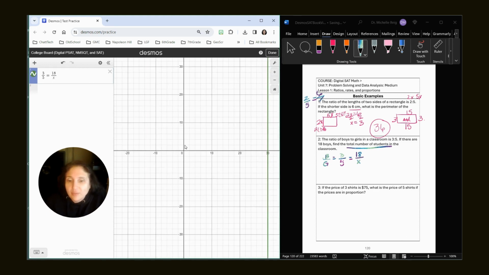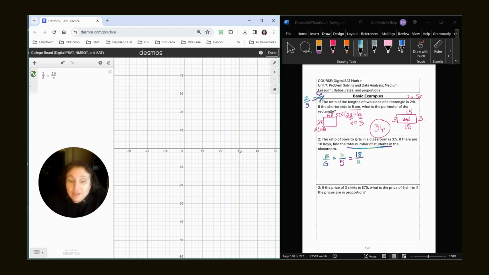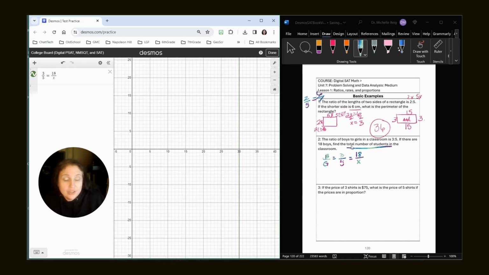So we set the proportion to find out that there's 30 girls. This is a huge amount of students in the classroom. Now we know that there's the 18 boys plus the 30 girls, which gives us 48 students altogether. Hopefully it's like band, because I would hate to teach 48 students in person. That would be one tight space.